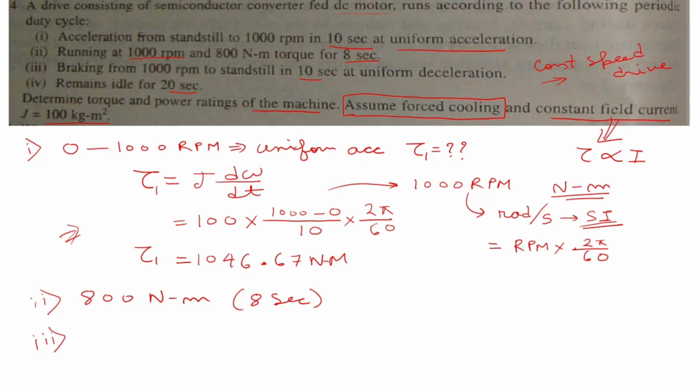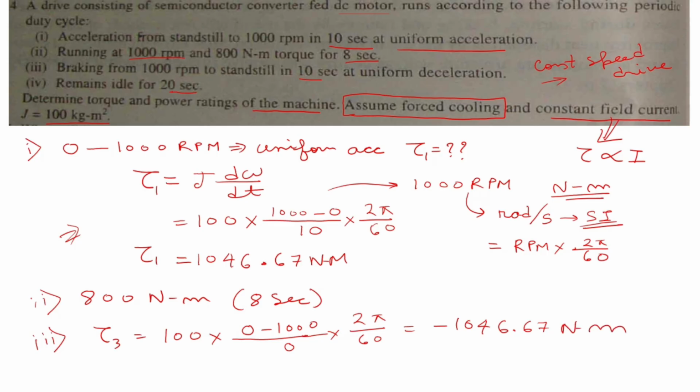If you solve this also, tau3 will be equal to 100 into (0 minus 1000). As the speed is decreasing, the torque comes out to be negative, into 2 pi by 60, and this will be 1046.67 newton meter.